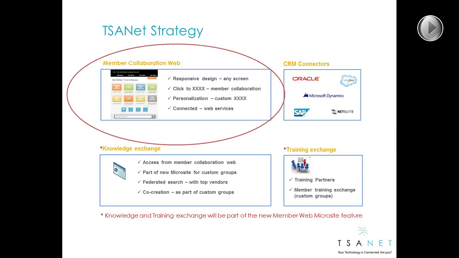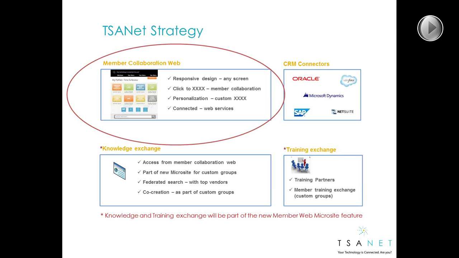As well, within the custom group area, we've seen a need to pull in other capabilities, like the ability to exchange knowledge with your partners or other strategic partners. So we've developed a custom group microsite, which you'll be able to see in future webinars.